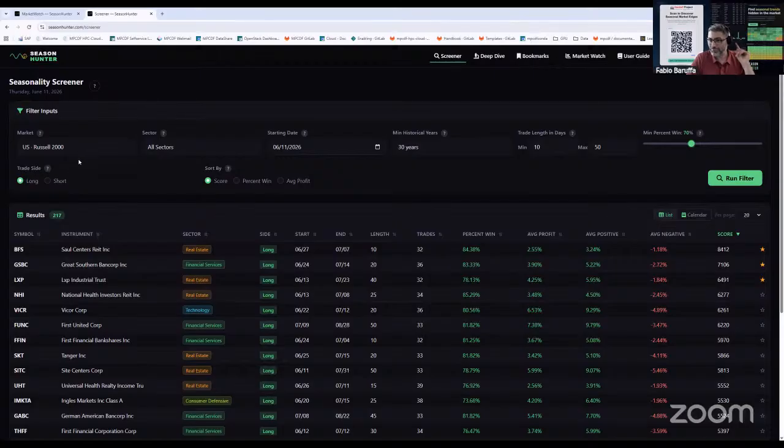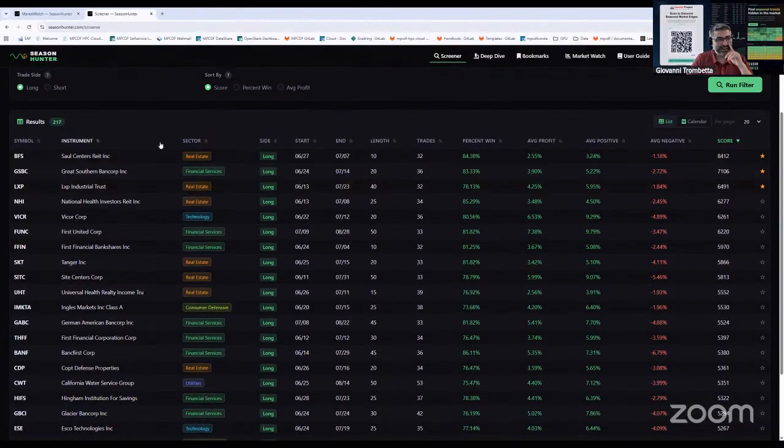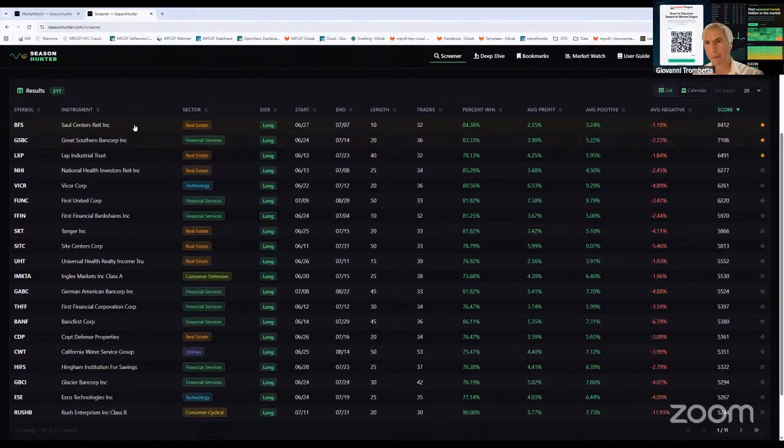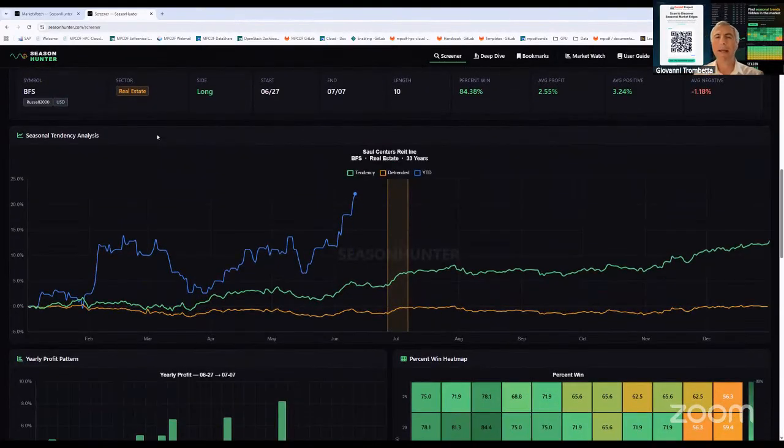You know how many tickers there are, and we are scanning thousands and thousands of different trades among the whole Russell 2000 historically. This is very interesting, even if we have to say, being traders, that many of these tickers wouldn't be liquid enough. It depends on what kind of operational activity you want to mount.